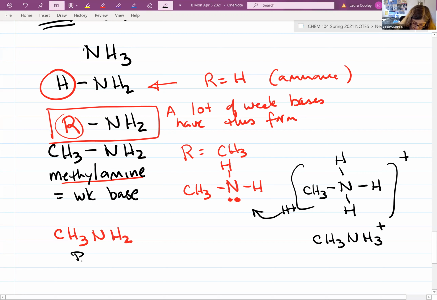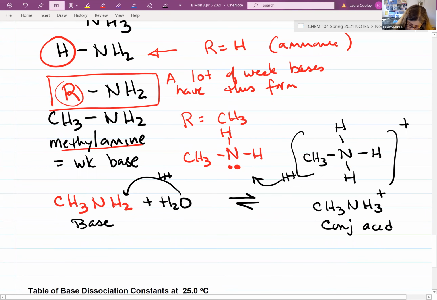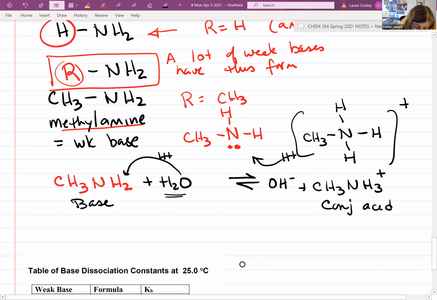So this is the base, and this is the conjugate acid. When this reacts with water, it accepts a proton from water to give you CH3NH3+ and OH-, because that's what you were left with over here. Okay, so that is one example.